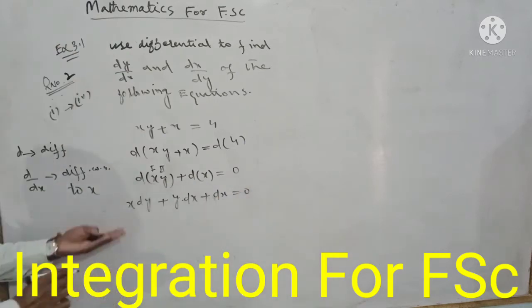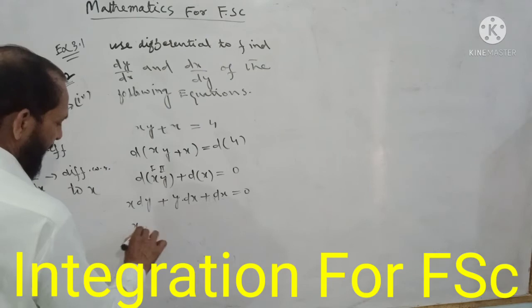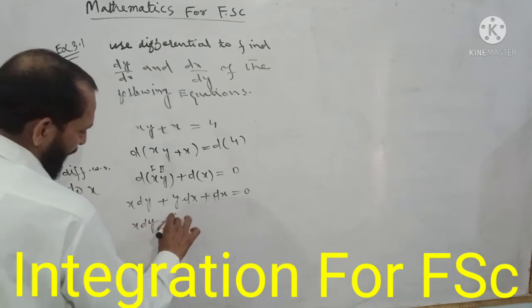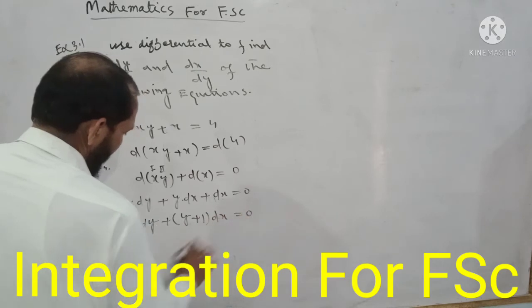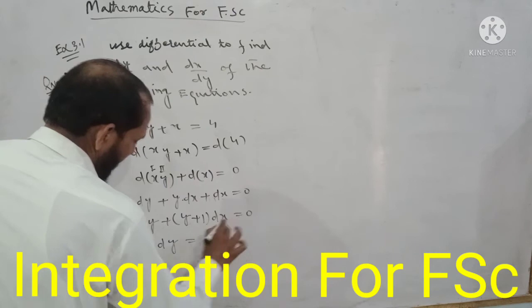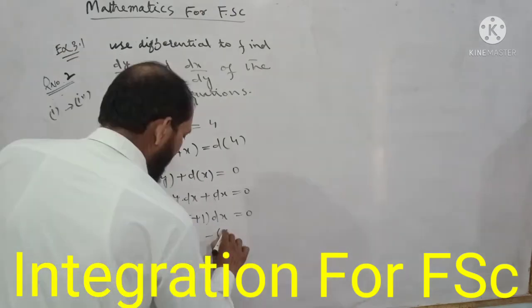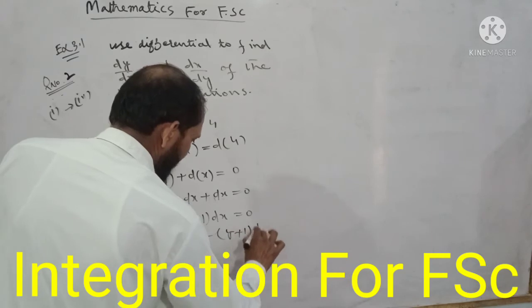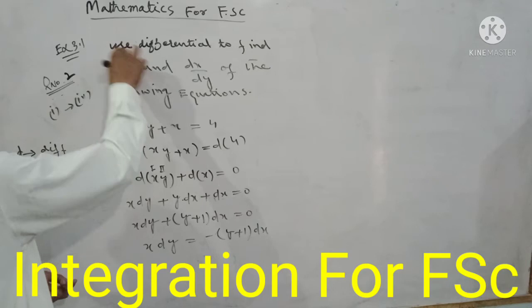Dx and dx are the two values, so dx will be common on both sides. After taking common, we can write dy over dx. We have y plus 1 into dx on the right hand side, and the negative sign will be changed.